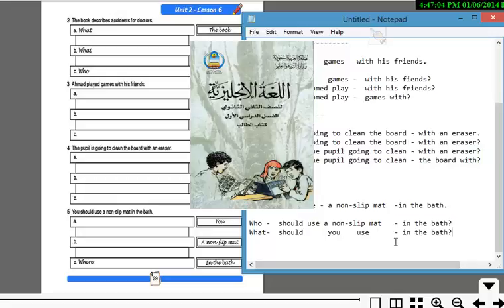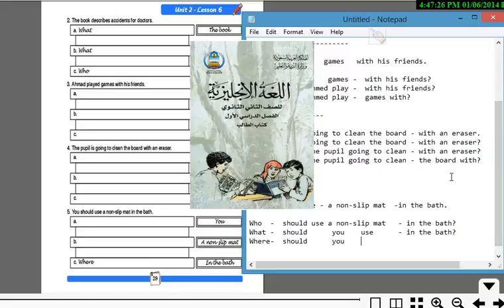Now, if I'm going to ask about in the bath, which is the piece of information at the end, I'm going to say where. It's kind of tricky here because we're using another question word which we haven't used before. Where should, separate the verb, okay? It should use.